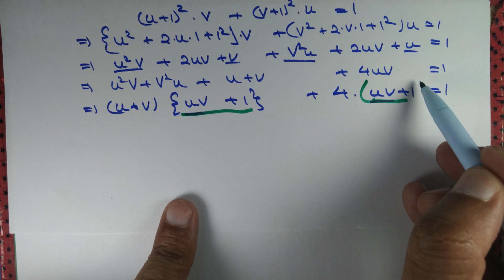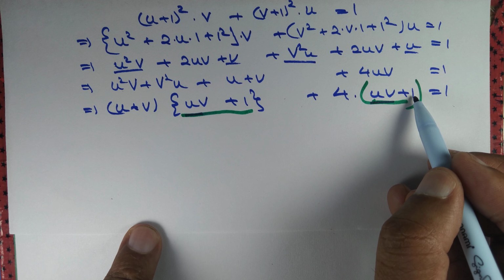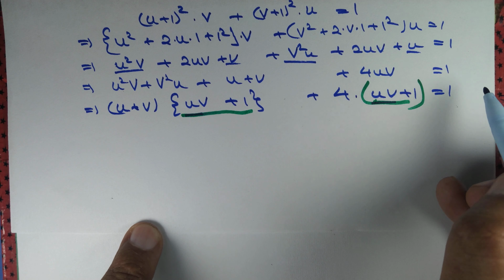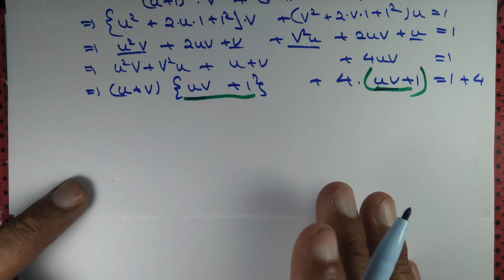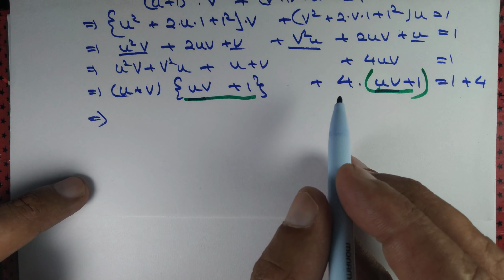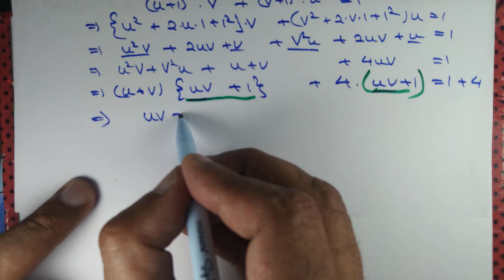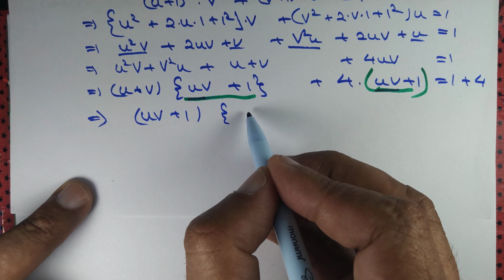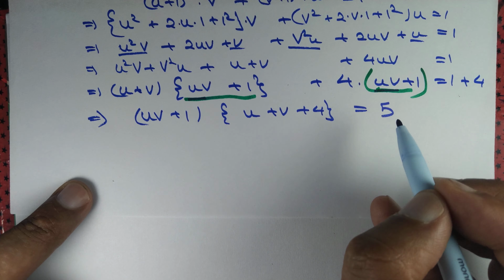So we get uv plus 1 common. But once we add plus 1 to the left hand side, we should add plus 4 to the right hand side to maintain the equality. Now once again we can take uv plus 1 common, and then we are left with u plus v plus 4 equal to 5.